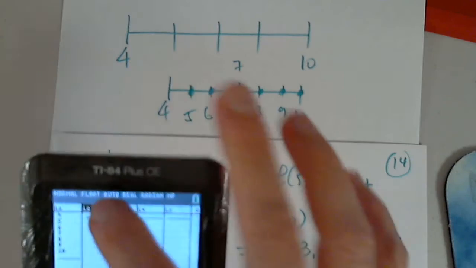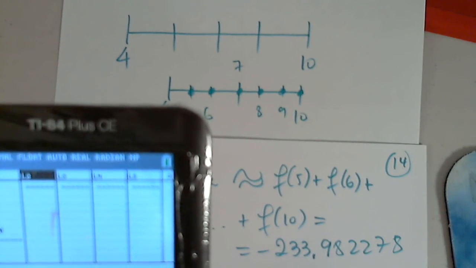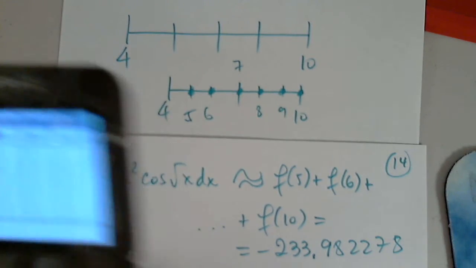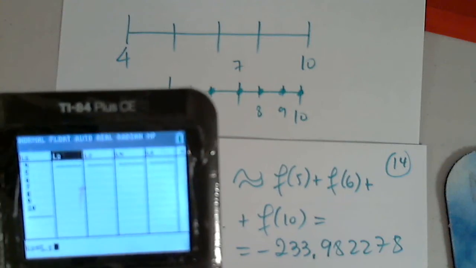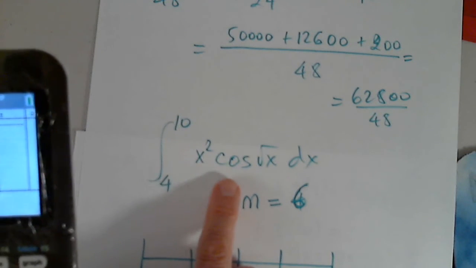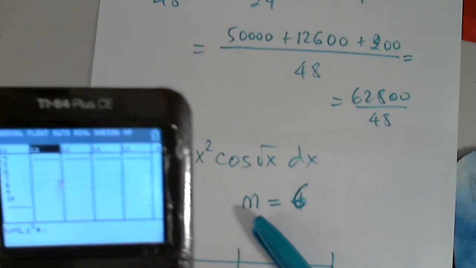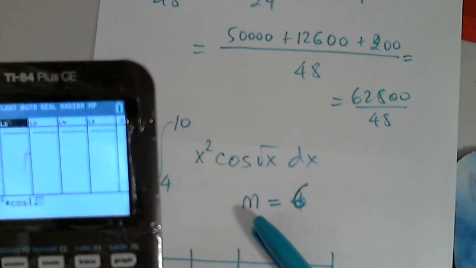Okay, so go and highlight list L2, just the top of the list. And you want list L1 squared, because that's what the function is all about. We have list L1 squared times cosine of the square root of list L1.